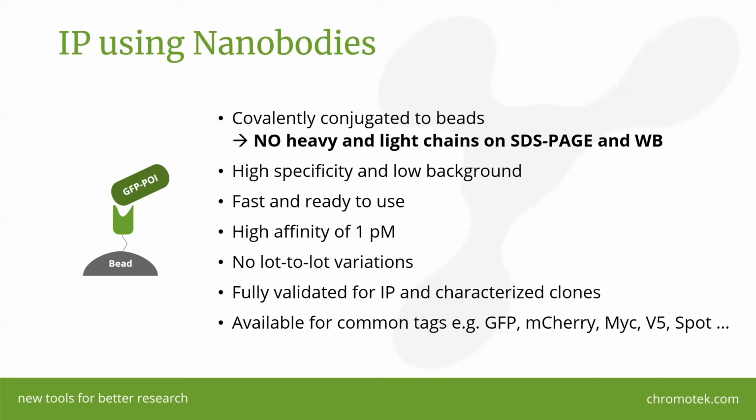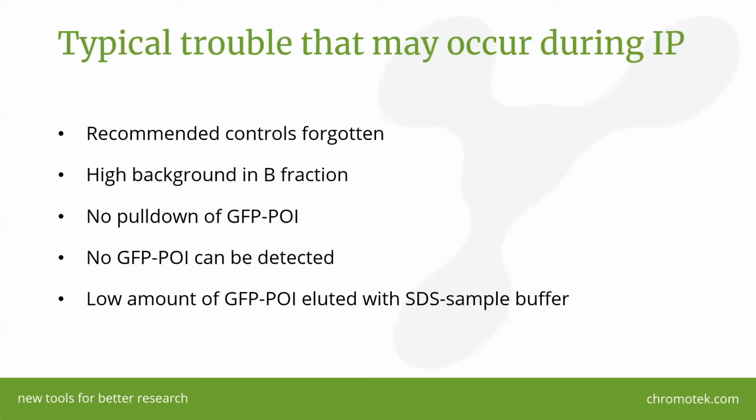So during this talk, we only focus on troubleshooting for GFP-tagged proteins and immunoprecipitation using GFP trap, but the same principles work for other ChromoTek traps or other immunoprecipitation with conventional antibodies. So now we are coming to the troubleshooting, and we are addressing the controls first. It's really important that you conduct all the necessary controls.